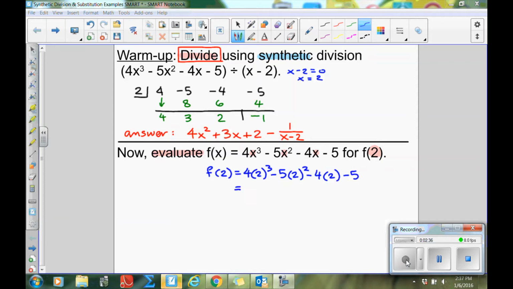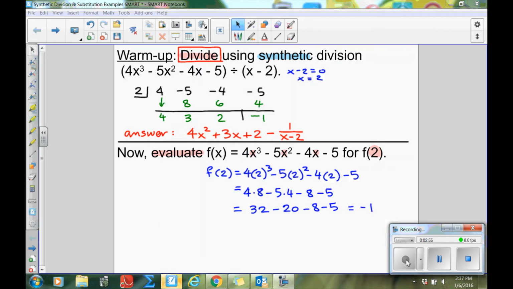And using order of operations. 4 times 8, minus 5 times 4, 32, minus 20, minus 8, minus 5, put it all together, and we get negative 1. So because the directions said evaluate, we want that value.